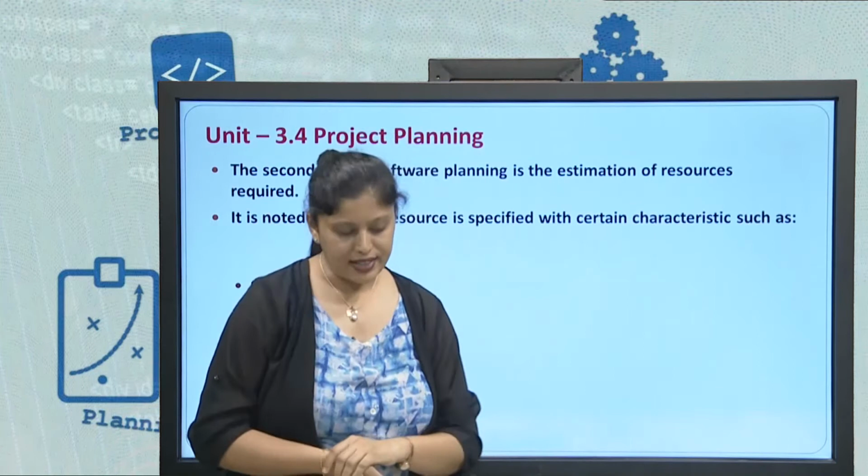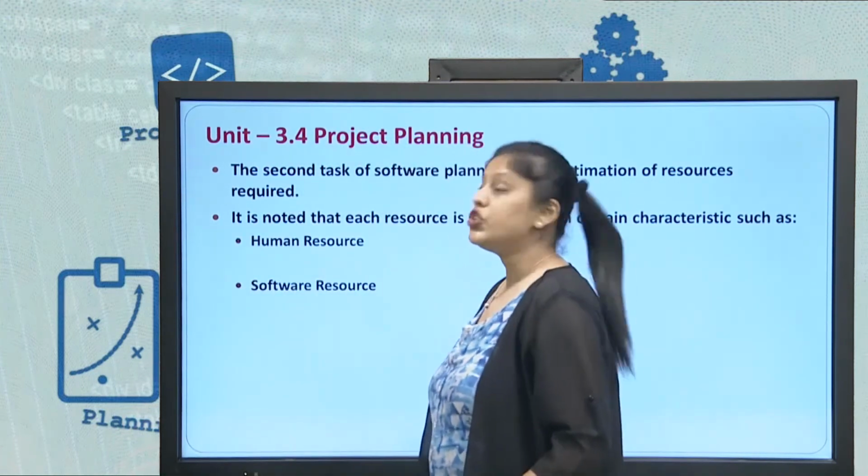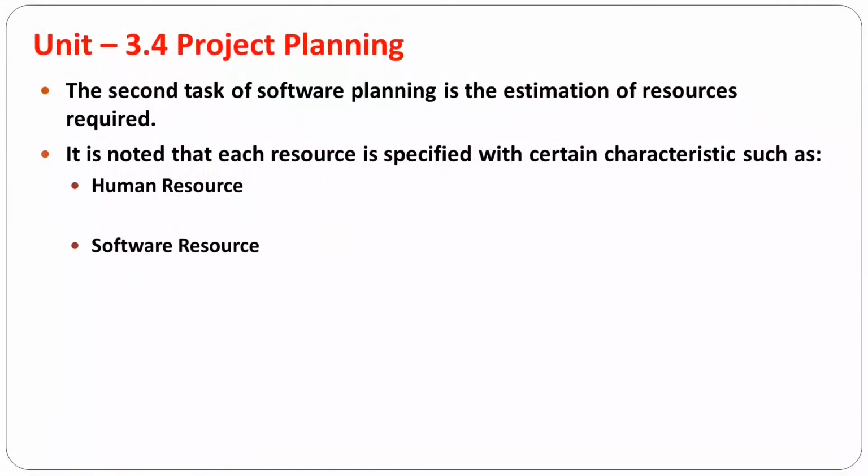Then human resource: I of course need human power to manage my particular things. Then hardware resources: what all hardware resources will I require? Computers, certain mainframes, maybe some certain types of servers. All those come into hardware resources.